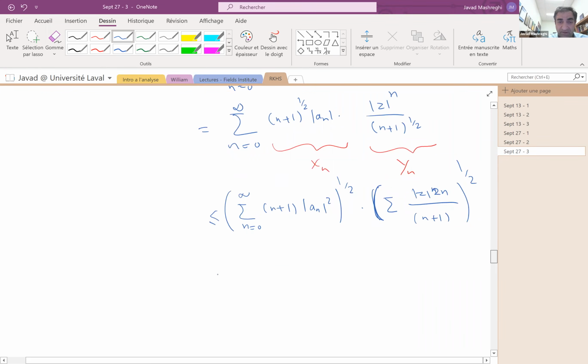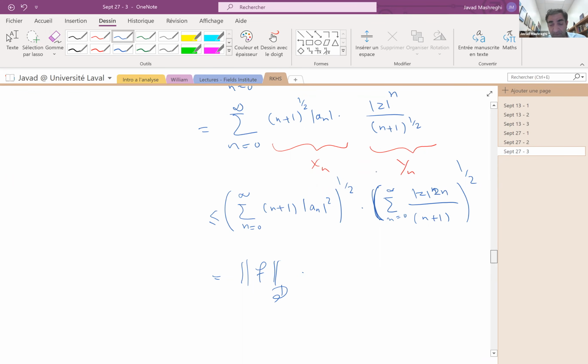And as you see, with n from 0 to infinity, this is precisely what we call the norm of f in D, times this, which you can keep as it is. It really doesn't matter what function it is. It's a function of z.